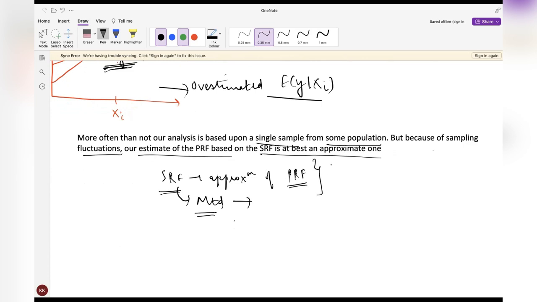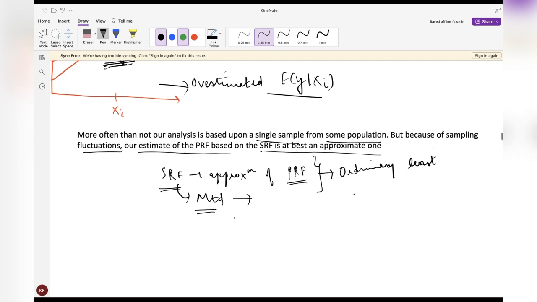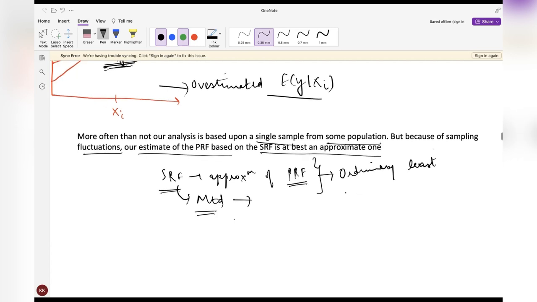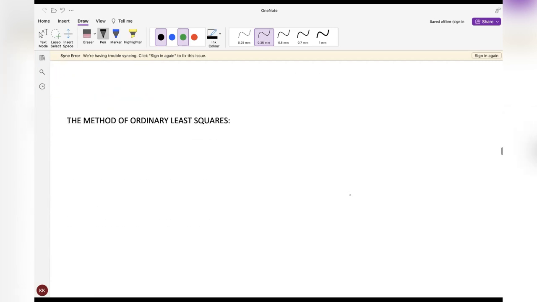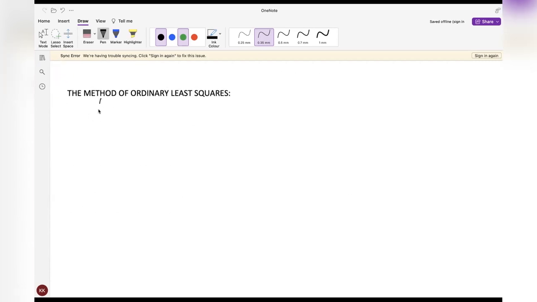To achieve that objective, we have the method of ordinary least squares. This method will construct a sample regression function which will be as close as possible to our population regression function. Fine. Let's discuss the method of ordinary least squares. This was given by Carl Friedrich Gauss.